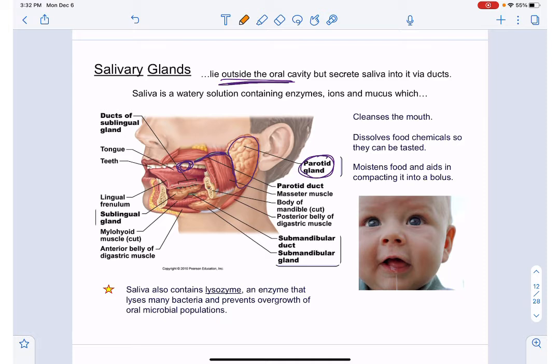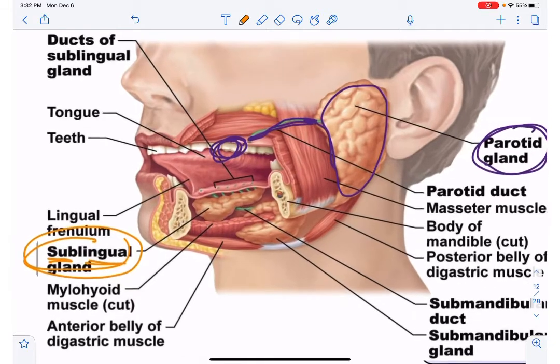Another salivary gland is the sublingual gland. And where is this one located? It's located underneath the tongue, sublingually. And there's actually quite a few ducts that are going to come from the sublingual gland and secrete that saliva into the oral cavity.